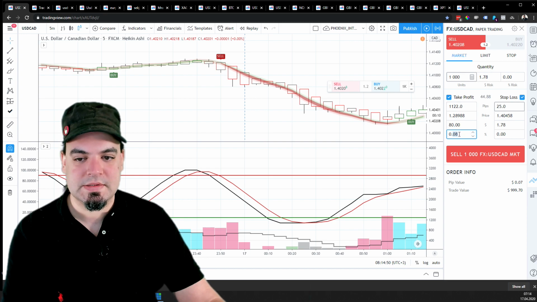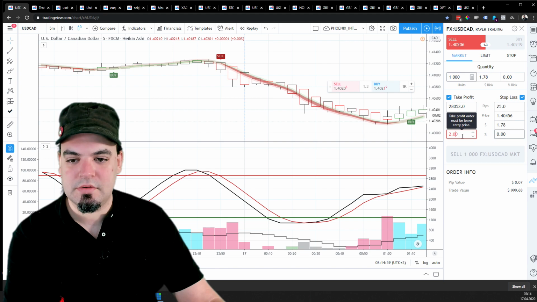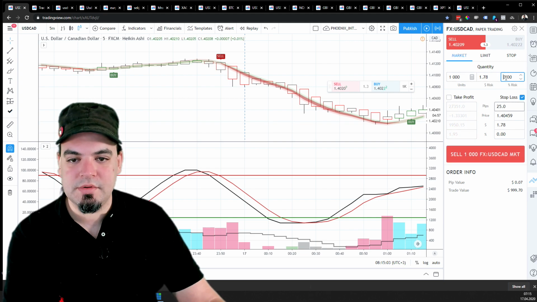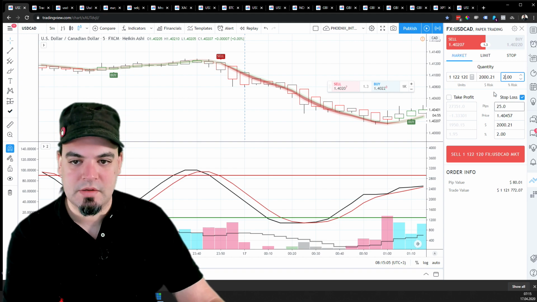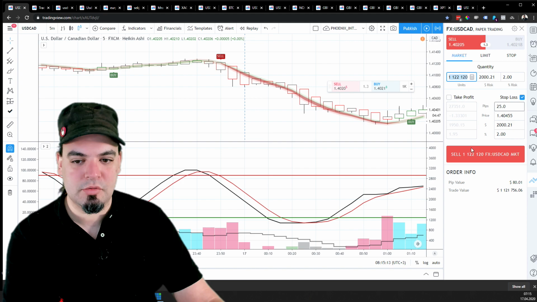So you can say, okay, let's use 2%. Take profit must be below the entry price, whatever. Here you can use 2%. This is the one that I wanted to show you. If you use 2% of your risk, it's already calculated. This is the units that you can sell or buy.